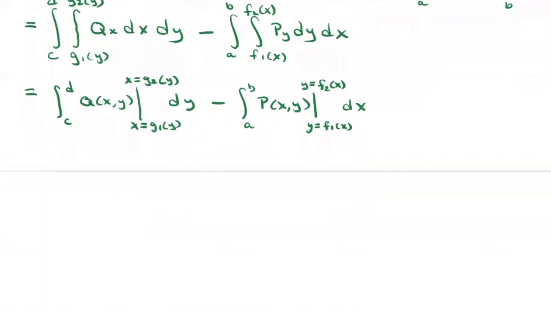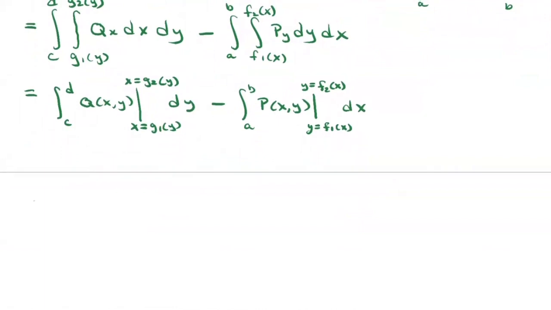We've got to do our substitutions here. So next we'll go from C to D, and we'll have a Q of g2 of y, comma y, minus Q of g1 of y, y. So all of that will be dy.